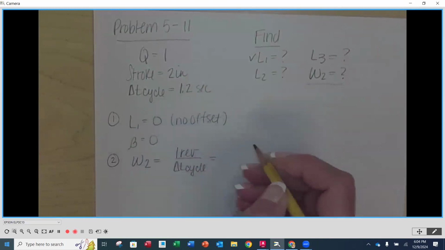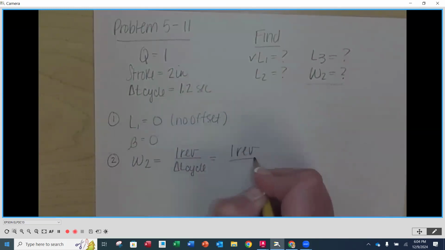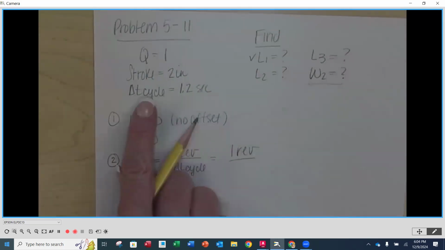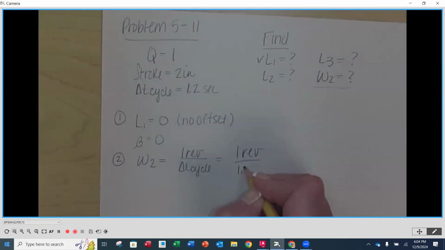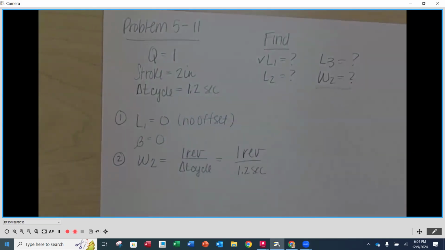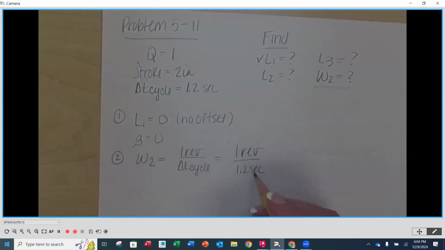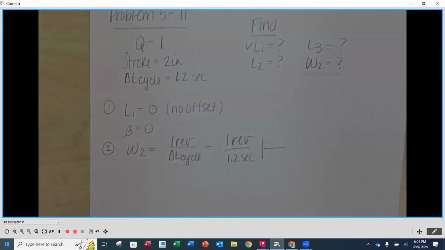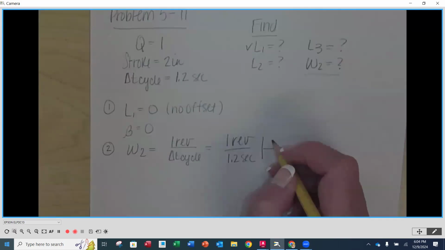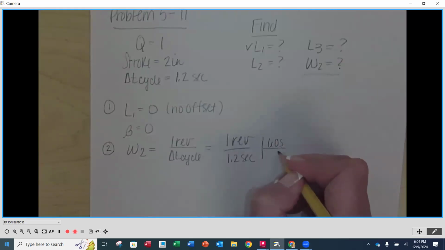So 1 revolution divided by, and we're given here, the total time for 1 revolution, 1 cycle, is 1.2 seconds. Now this is going to be in revolutions per second. When we report our W2, we need it in revolutions per minute. So we're going to say 60 seconds in 1 minute.